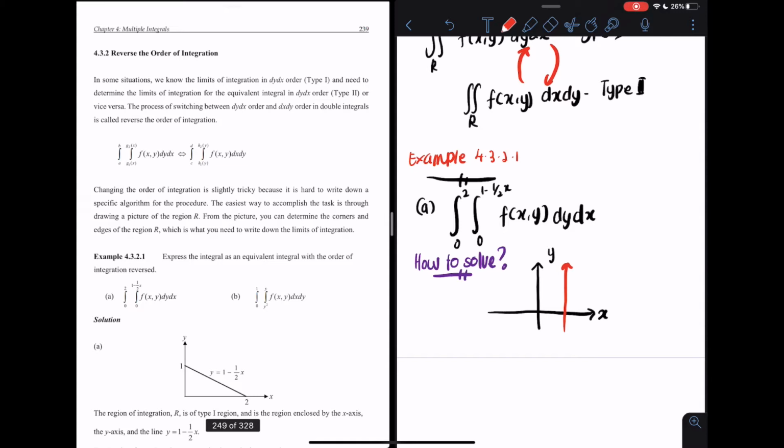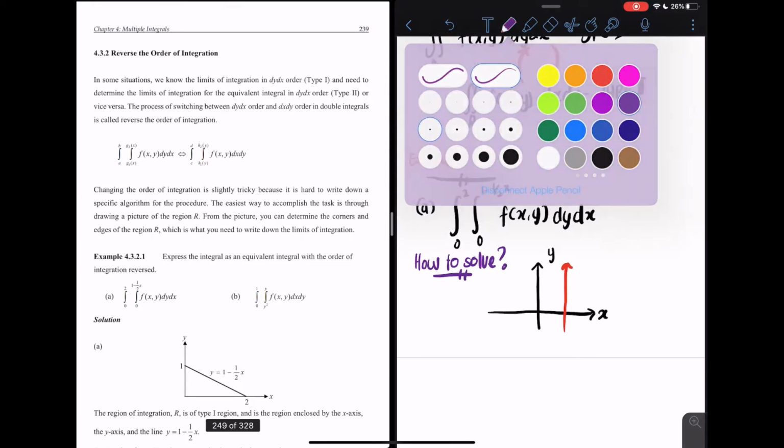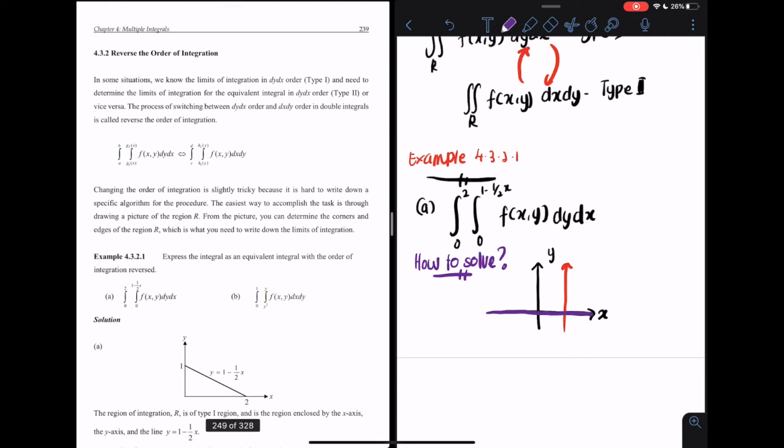According to this arrow, you will see that the lower limit with respect to variable y touches y equal to 0 first, and y equal to 0 lies on the x-axis. Right after that, it will touch y equal to 1 minus 1 over 2x.